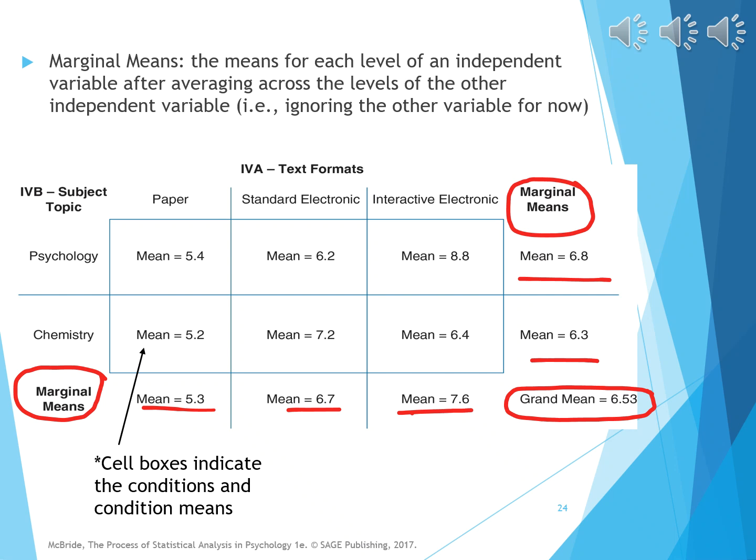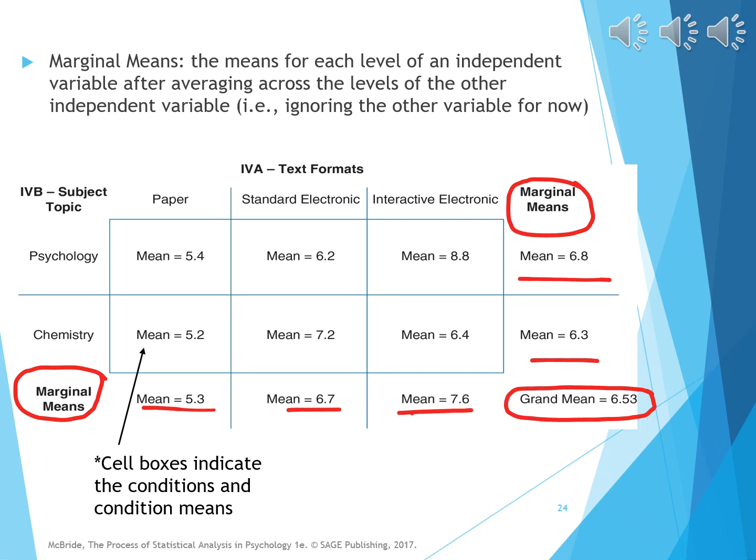So the marginal mean of 6.8 for psychology basically ignores all of the individual means for the paper version, the standard electronic version, and the interactive electronic version, because what we're trying to do when we make these marginal means is look at just main effects.